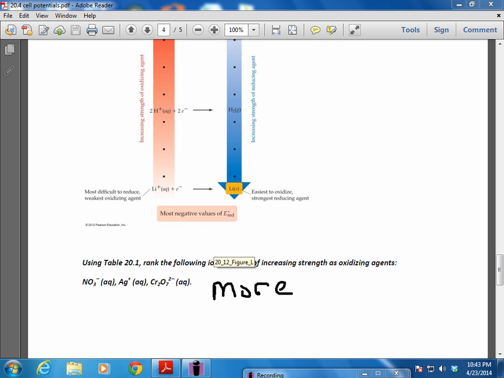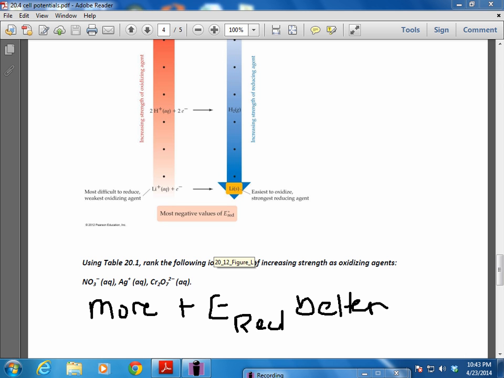The more positive the standard reduction potential, the better oxidizing agent it is, because it would like to be reduced. It would like to gain electrons. It would like to accept the electrons that are traveling to it.